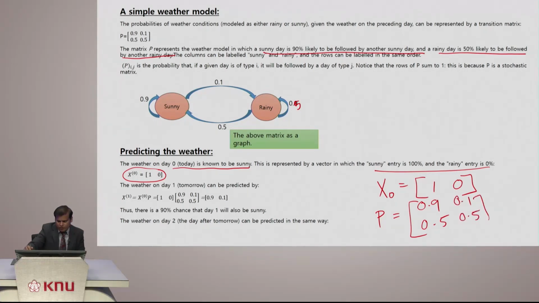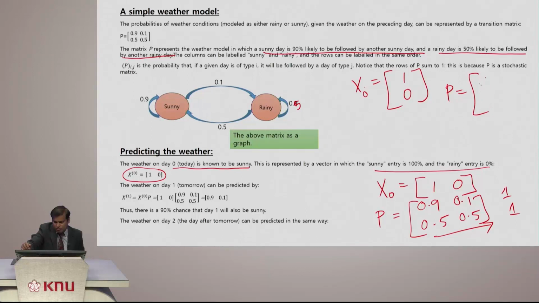That's why when you add up this one, it comes to be 1 in this row direction, not in the column direction. Okay. So if you want, it can be like this form as well, 1 and 0, and P is going to be like 0.9, 0.1, 0.5, 0.5.